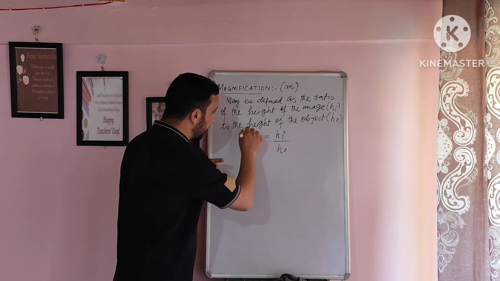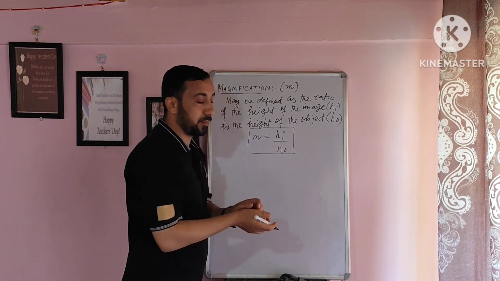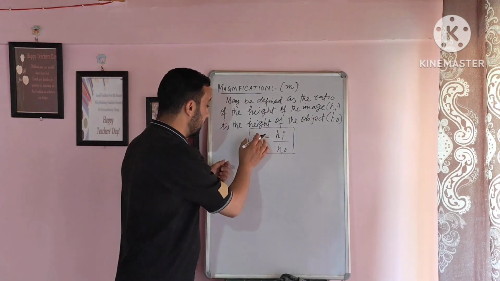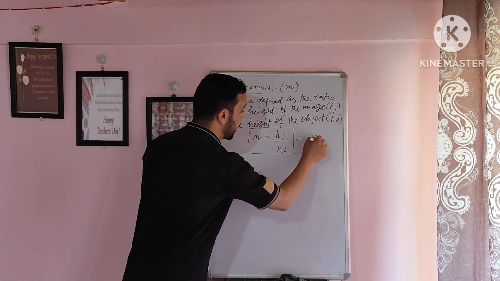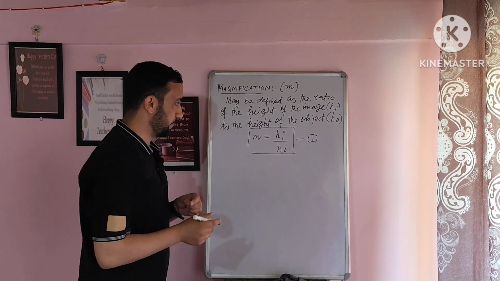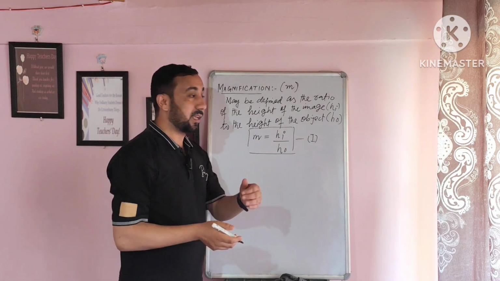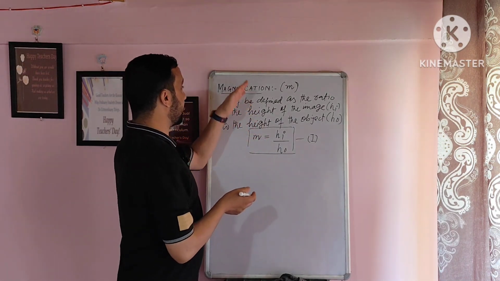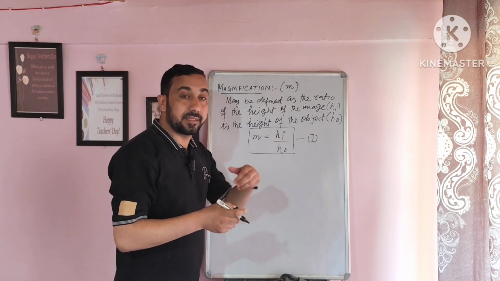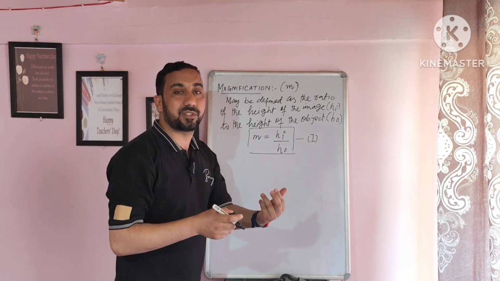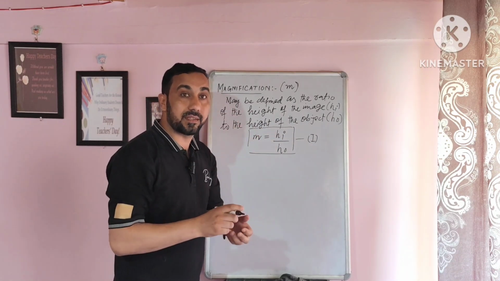That means the ratio of the height of the image to the height of the object gives the value of the magnification, and we will place this equation as equation number one. In the second way, physics defines the magnification as the ratio of the image distance to the object distance.